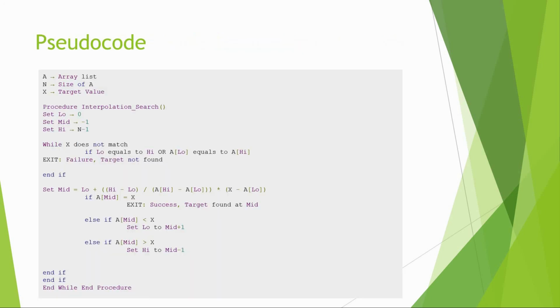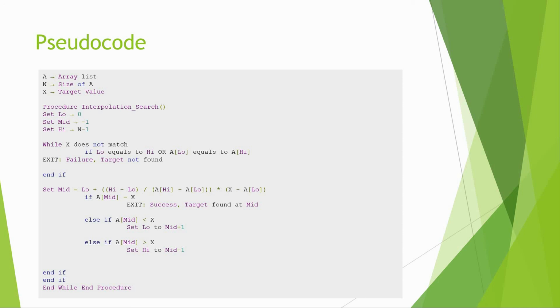Now let's talk about the pseudocode of interpolation search. We have array list A, size of A, which is n, and the target value X. First, set the lowest index LO to 0, mid as -1, and the highest index HI as n-1.